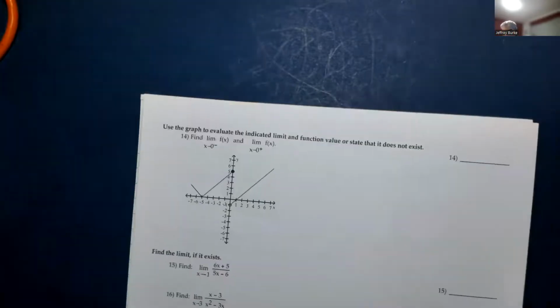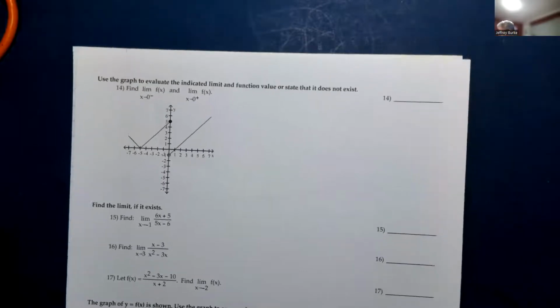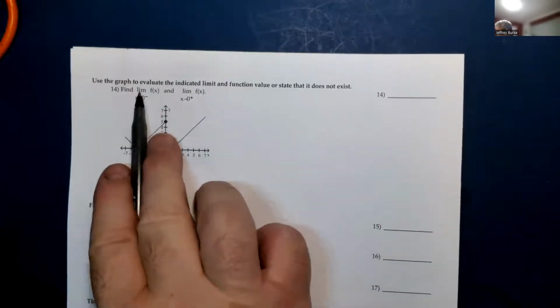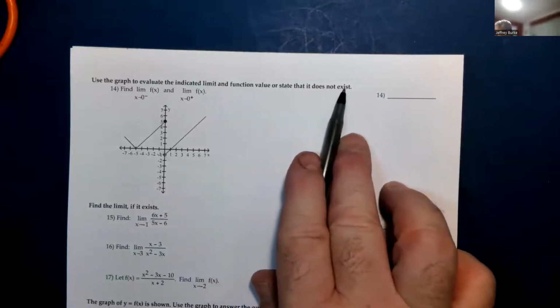Okay, we have a few others with graphs here. We'll definitely utilize the picture to pick these apart. All right, so let's take a look at this. Use the graph to evaluate the indicated limit and function value or state that it does not exist.